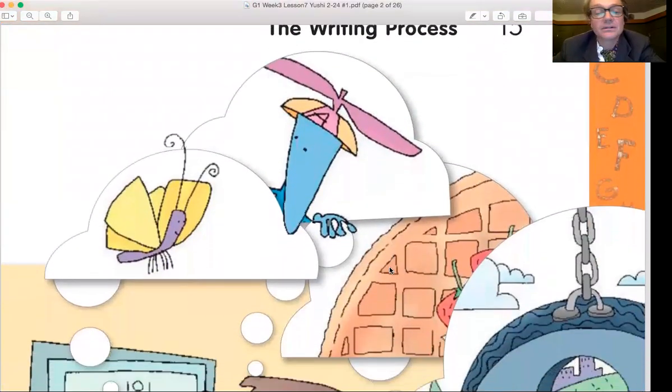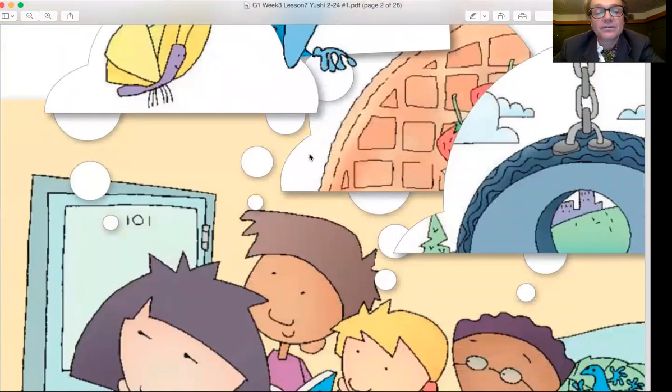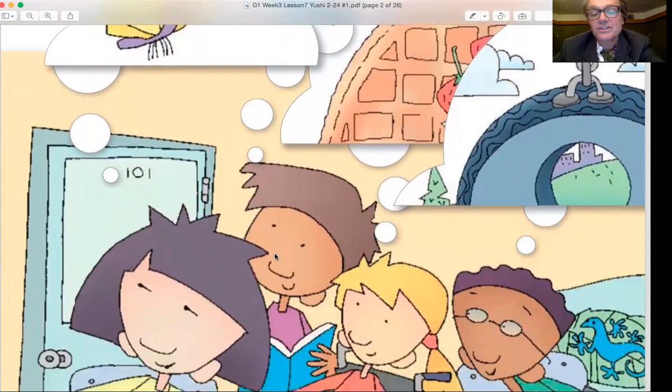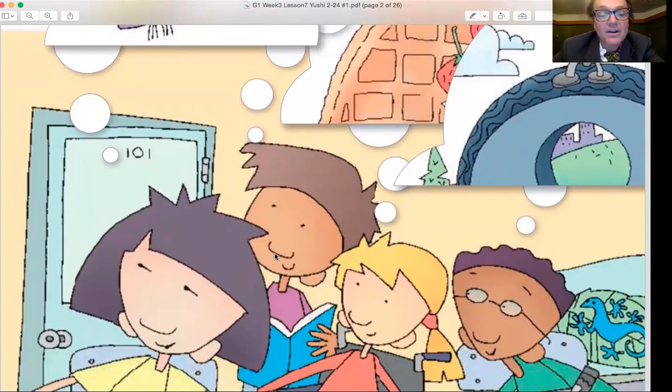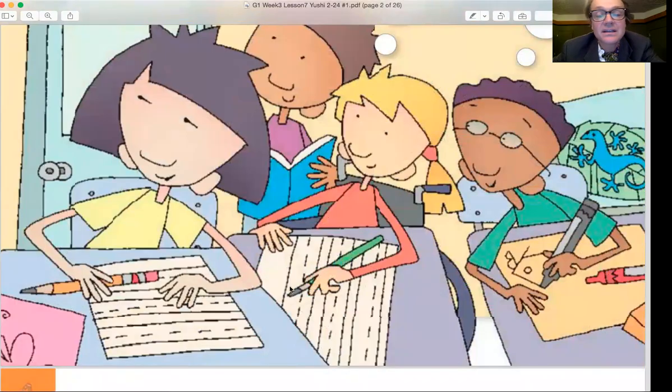Oh, look here. Here's a butterfly. These children, kind of like you, are thinking about all these things. Look, they have pencils in their hands. They're thinking, what should I write? This person's making a picture. These people have writing paper, and this one is just thinking about writing. This one is going to begin writing soon.